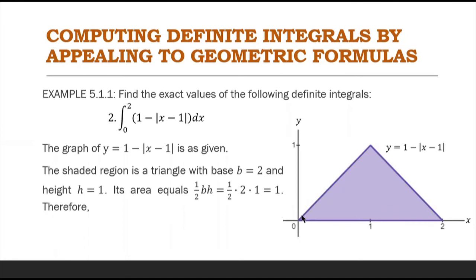And the height is 1. Diba? Ang height niya ay 1. So, its area, ang area ng isang triangle ay 1/2 base times height. So, we have 1/2 times 2 times 1 is equals to 1. Therefore, the integration of 1 minus absolute value of x minus 1 dx from 0 up to 2 is equals to 1. Ayan, di ba?